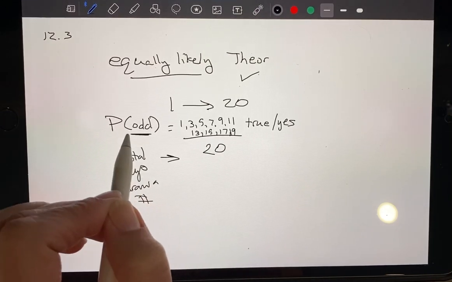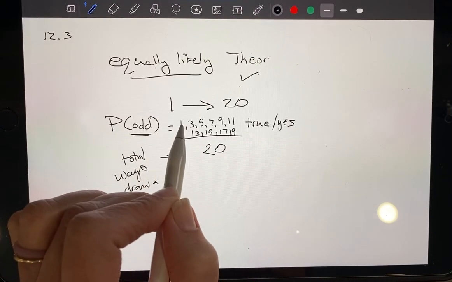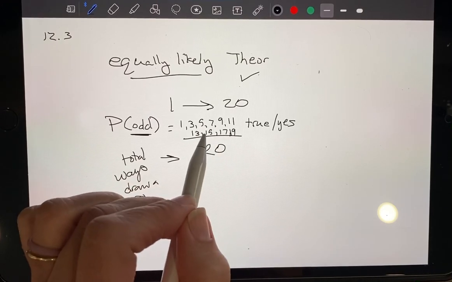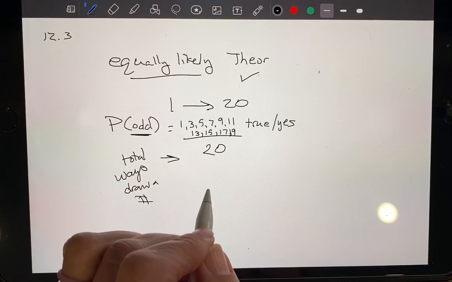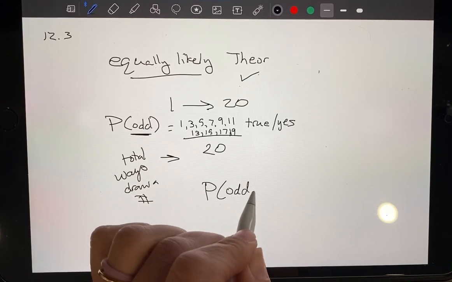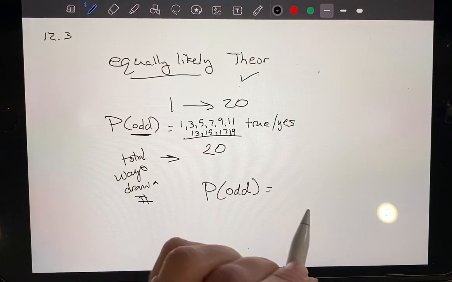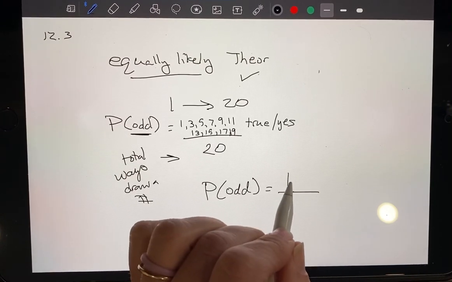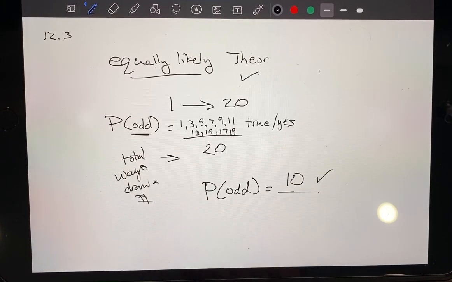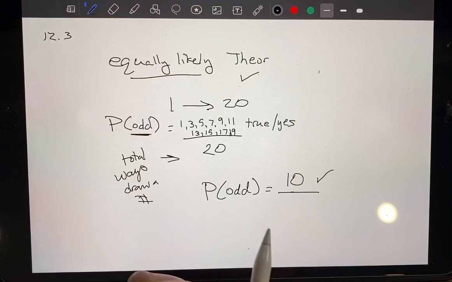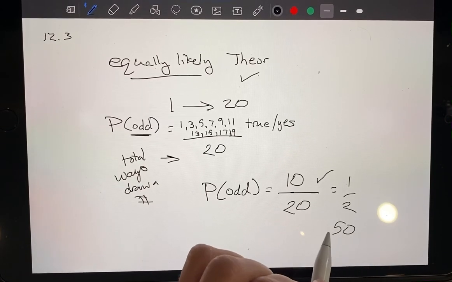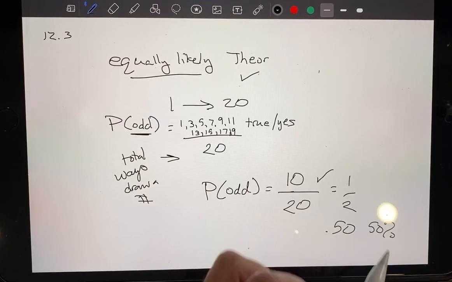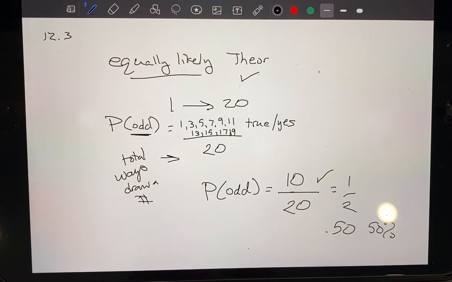Those are all the ways that I could pick an odd number. So we have 1, 2, 3, 4, 5, 6, 7, 8, 9, 10 ways that it could be an odd number. So if I say the probability of drawing an odd number when I have these 20 numbers in a hat is I have 10 ways that I can make that true, that I can pick an odd number out of 20 total ways. So my probability is 1/2, 0.5, or 50% for that.